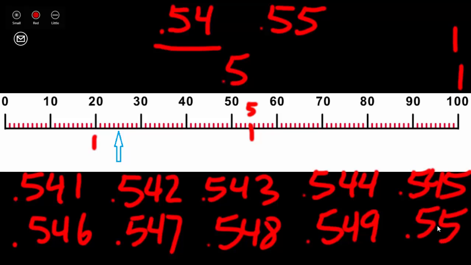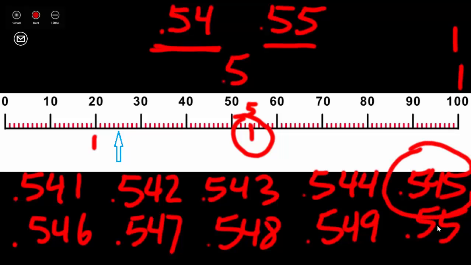And if this point that we plotted was directly between 54 hundredths and 55 hundredths, like we said, it would be equivalent to 545 thousandths.